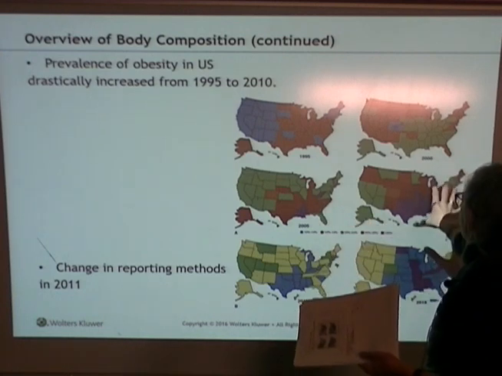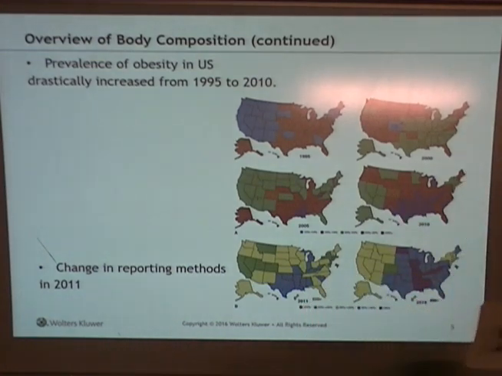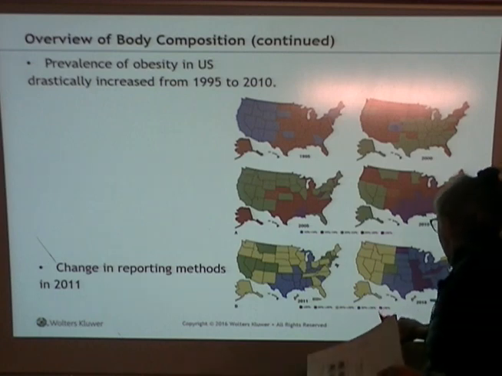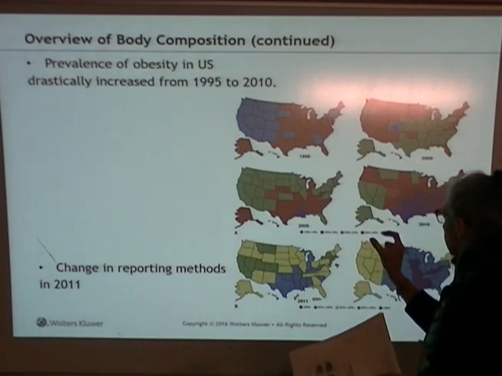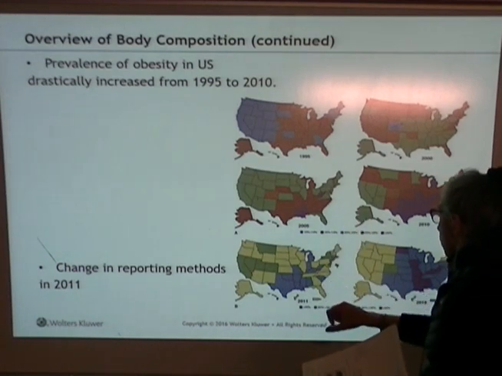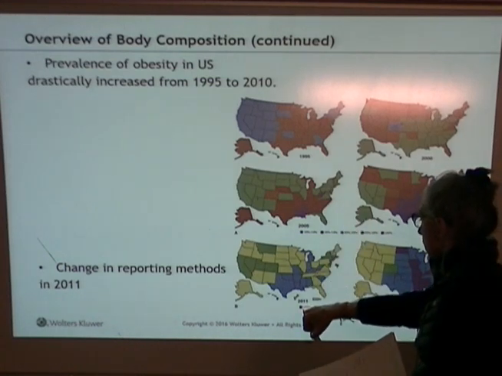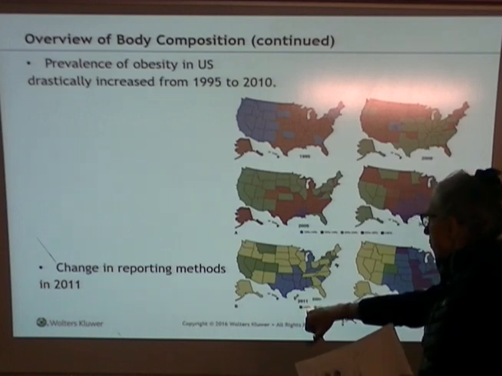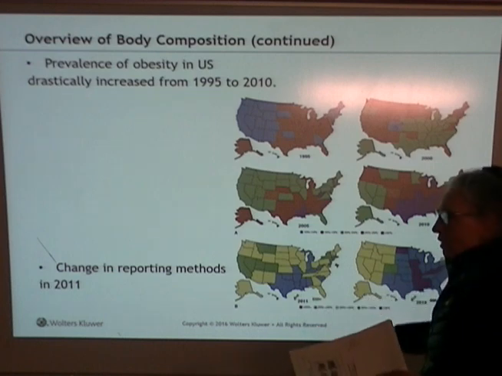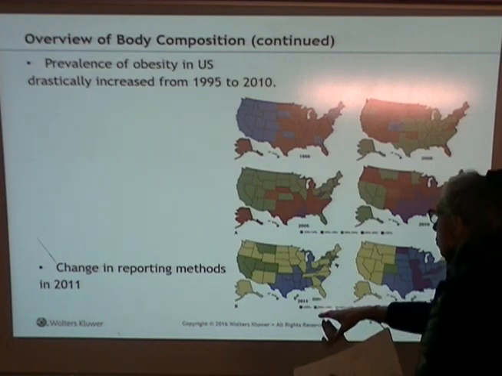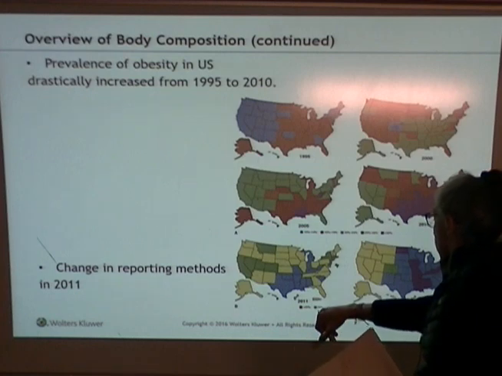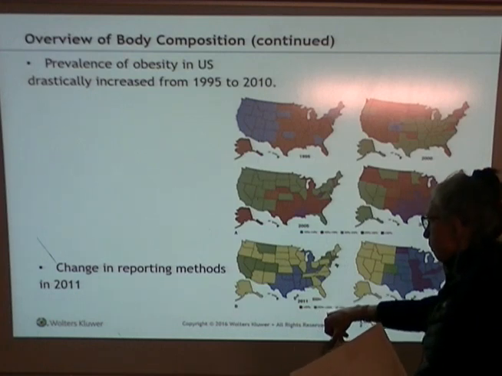By 2010, you can see the purple is worse. And then we get to 2011 and the new reporting. At that point in 2011, they changed the groupings. So they had a dark reddy orange that was going to be less than 20%, but no one made that in 2011. And so the lowest category is 20 to 25%.